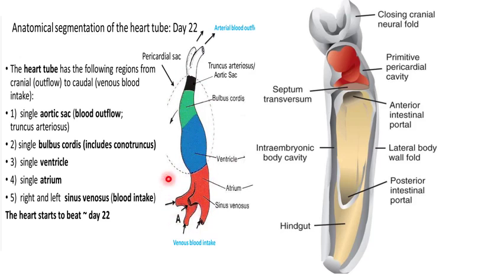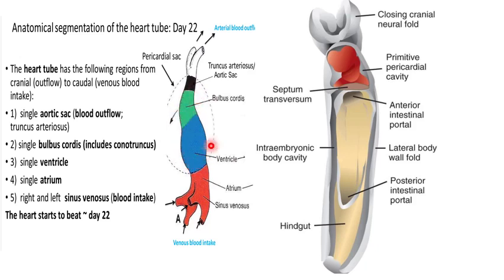On day 22, the heart tube within the pericardial cavity has only the bulbus cordis and the primitive ventricle, which are the primary circulations, with the first constriction, the bulboventricular sulcus, that has been formed.